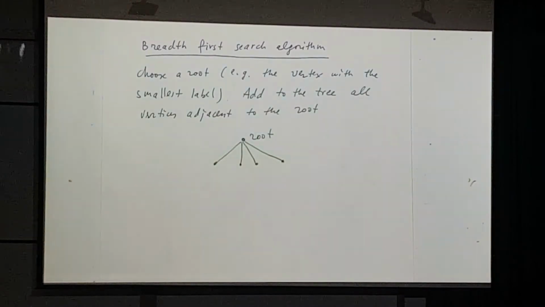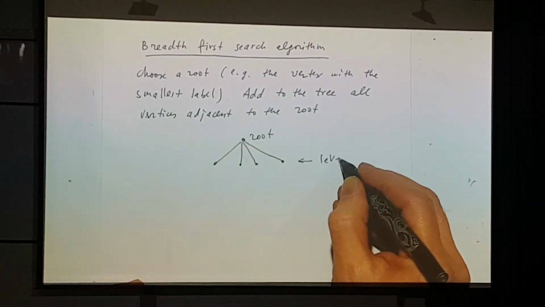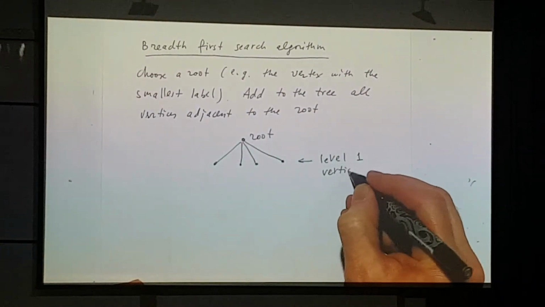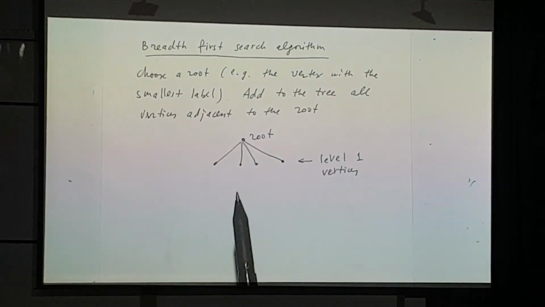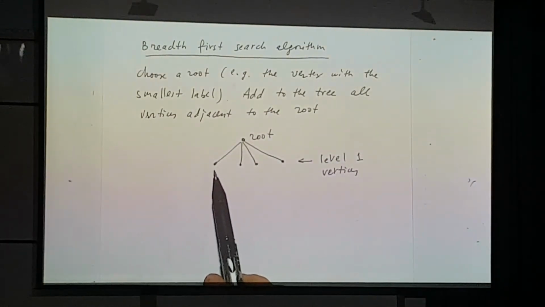And this creates level 1 vertices of descendants. Then I use the ordering on these level 1 vertices provided by the labels, and I inspect them in that order, starting with the smallest label available, and try to add level 2 vertices, again, as many as possible.